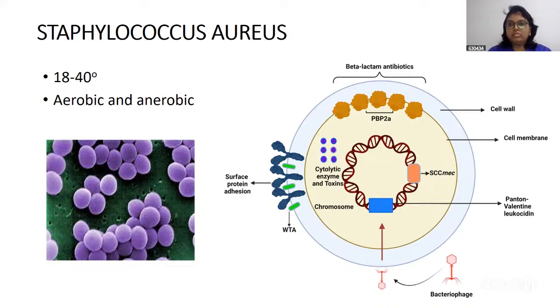It encodes an altered penicillin-binding protein. There is a modification of the penicillin-binding protein leading to formation of PBP2A, which has less affinity to beta-lactam antibiotics. This is the main mechanism of resistance in Staphylococcus aureus and how MRSA originated.